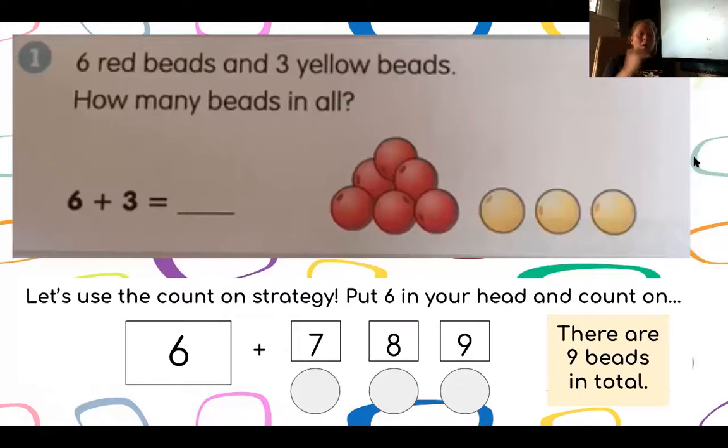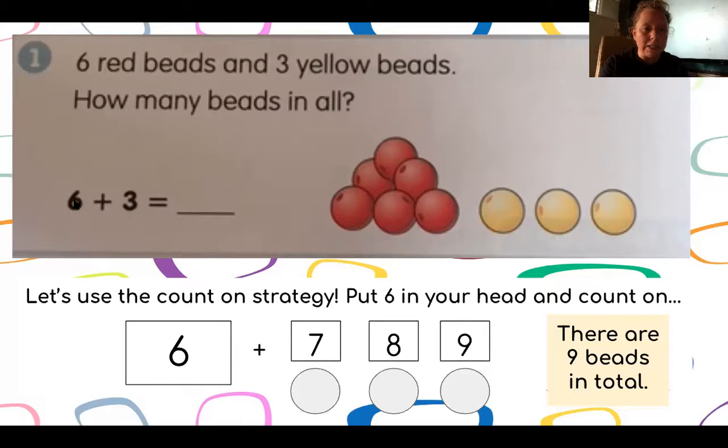Here we go. Let's look at launch 1. I'm going to read the equation to you. 6 red beads and 3 yellow beads. How many beads in all? Let me read it again. 6 red beads and 3 yellow beads. How many beads in all?